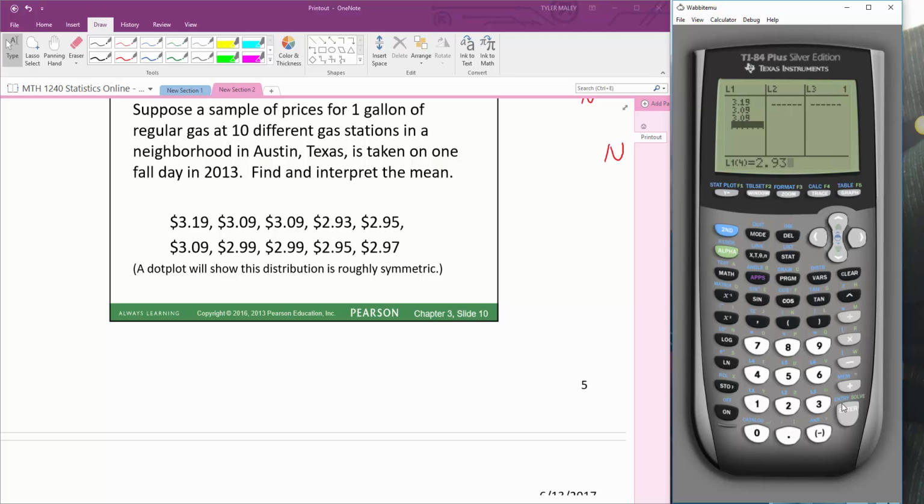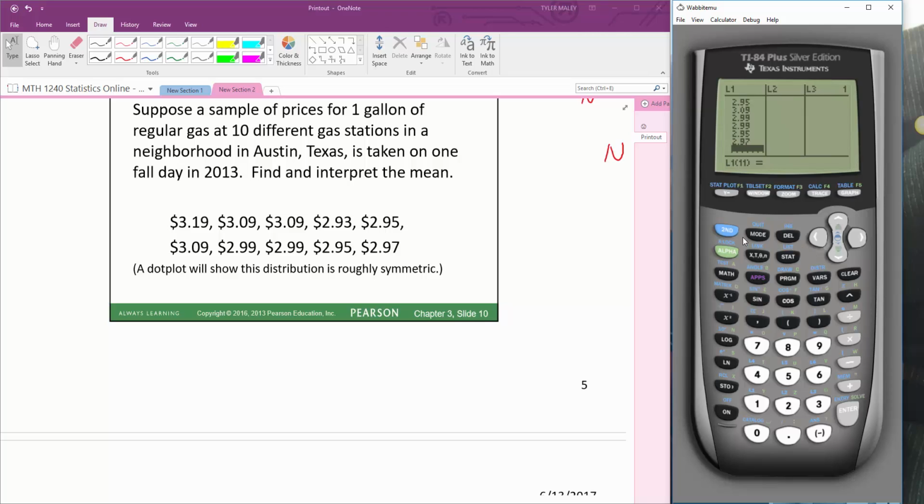So 2.93, 2.95, 3.09, 2.99, 2.99, 2.95, and 2.97. Right, so all of those should be in there.